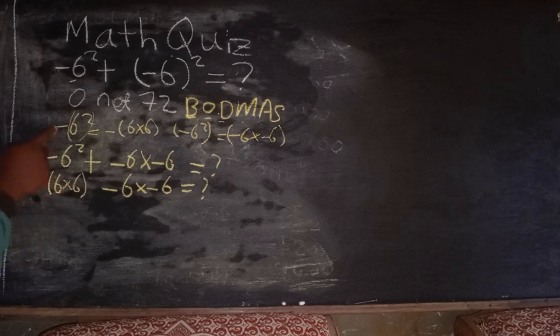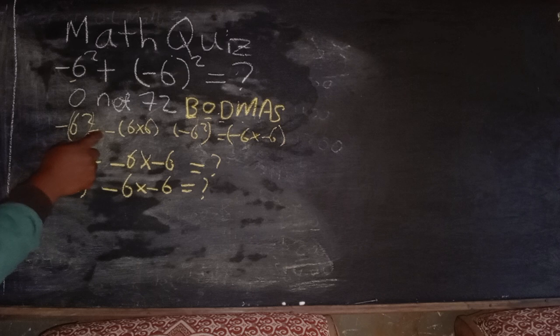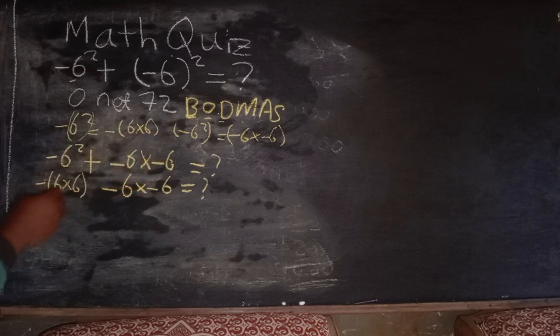Remember I told you that -6² is negative (6 times 6). Now we have to apply the law of BODMAS again here to solve this other bracket.